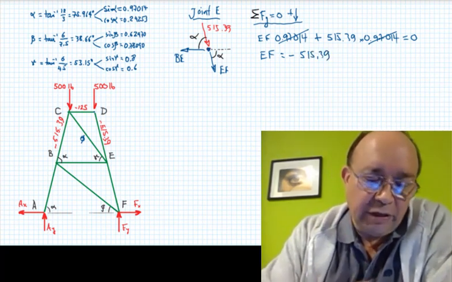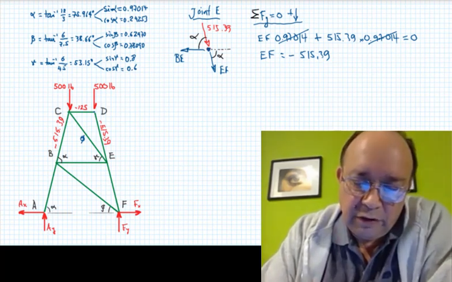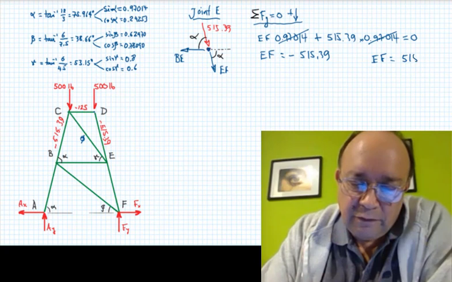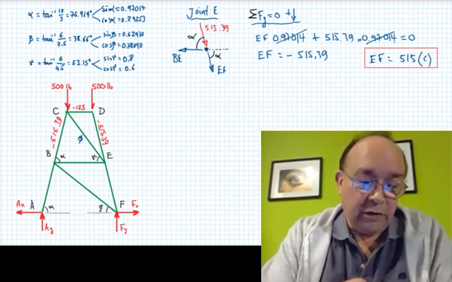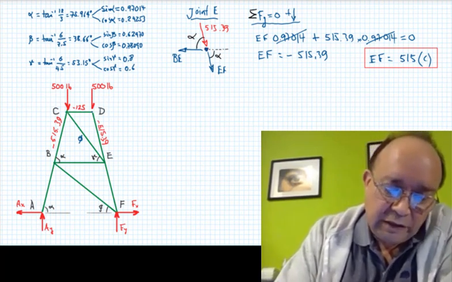Negative, so it's compression, so I have another solution here. EF equals 515 compression.